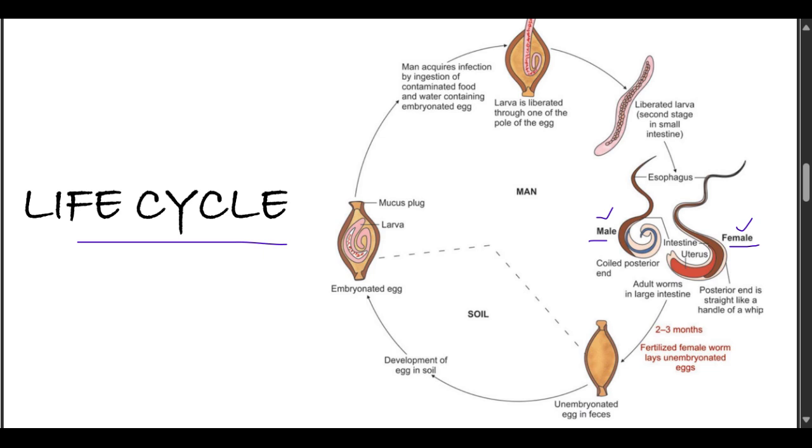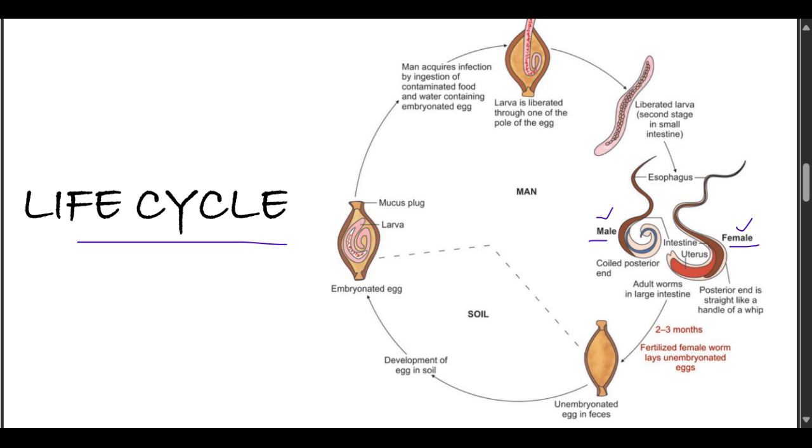Then for the mode of transmission, Trichuris trichiura is usually transmitted to men, usually children. Okay, so you find that men, usually children, acquire this infection by reason of ingestion of contaminated food and water which contains embryonated eggs.